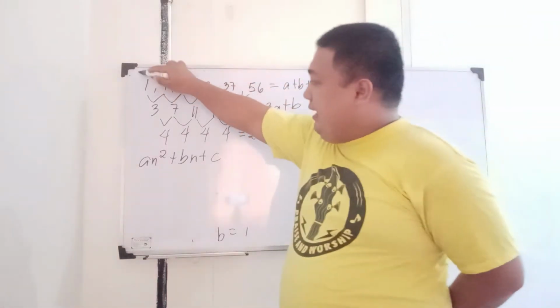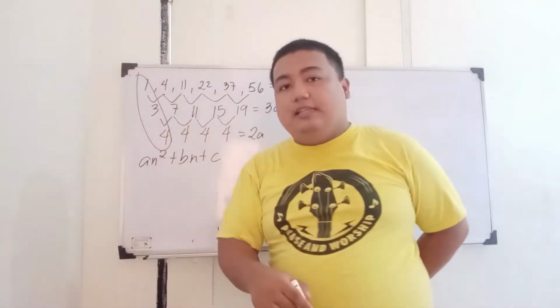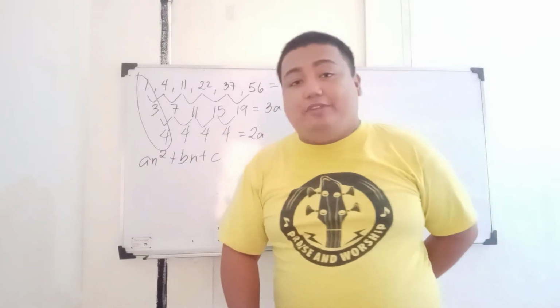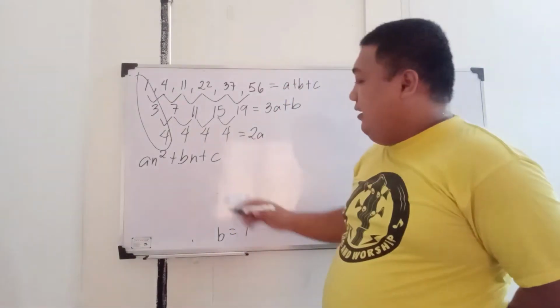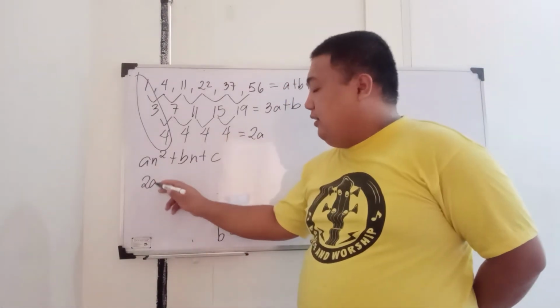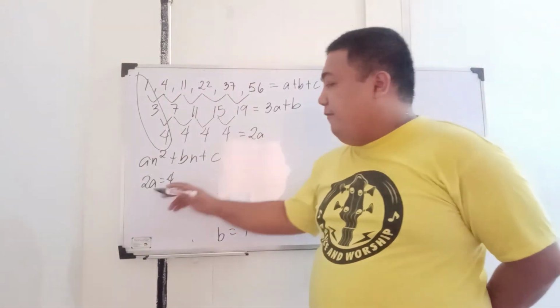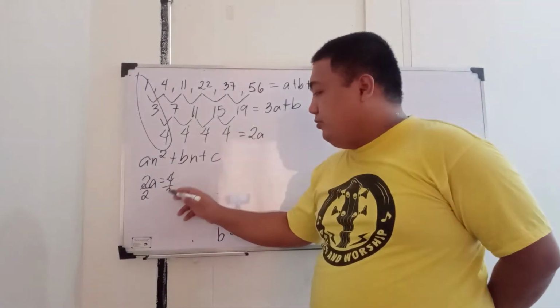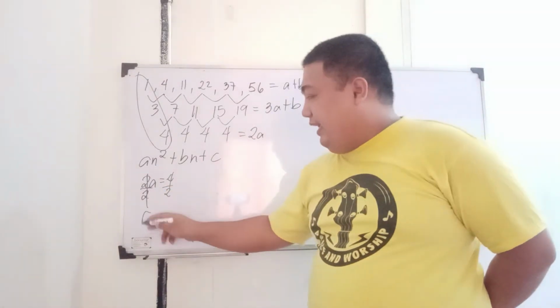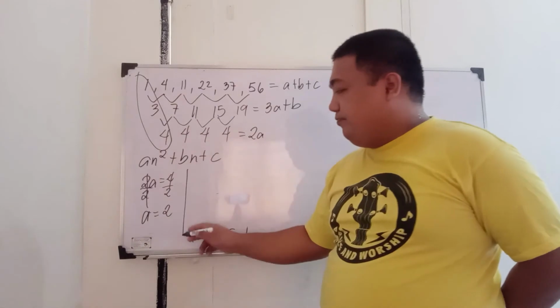Ang gagamitin natin, again, yung nasa unahan. Mamaya i-explain ko kung bakit nasa unahan ang lagi natin ginagamit. Okay? So, 2a is equal to 4. So, divide both sides by 2. Okay ba? Then, a equals 2.